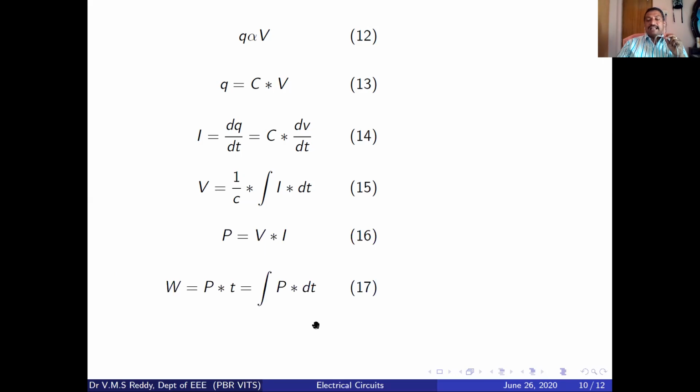Then we need the energy. Energy is equal to power into time period, and we want to express this as a mathematical integral equation. P is equal to V into I. Again, I is equal to C into dV by dt. We substitute these parameters.